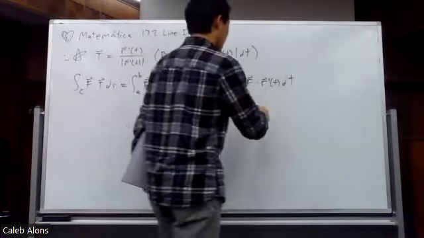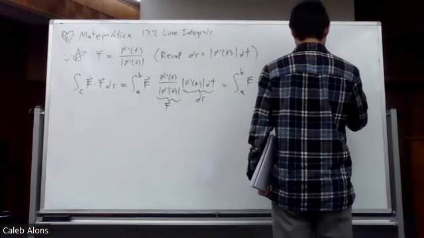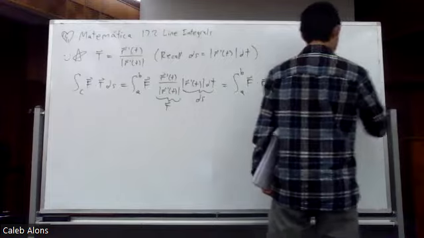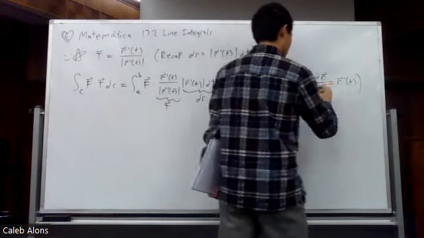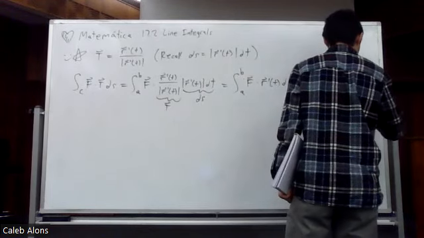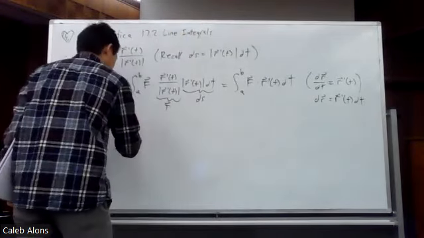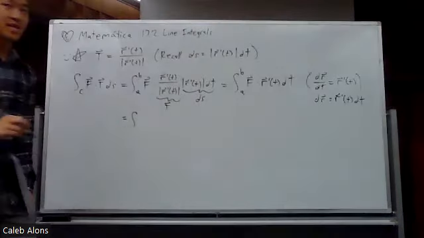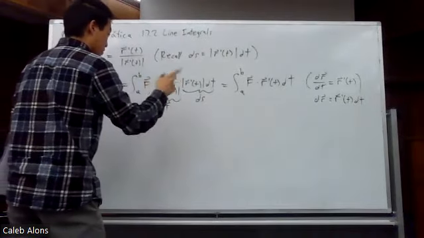Just so you know, recall that r prime dt is the way we write dr. So if dr is equal to r prime of t dt, I can actually replace this with the differential dr. You'll see this a lot in higher textbooks, especially in E&M and other things like circuits or magnetism.